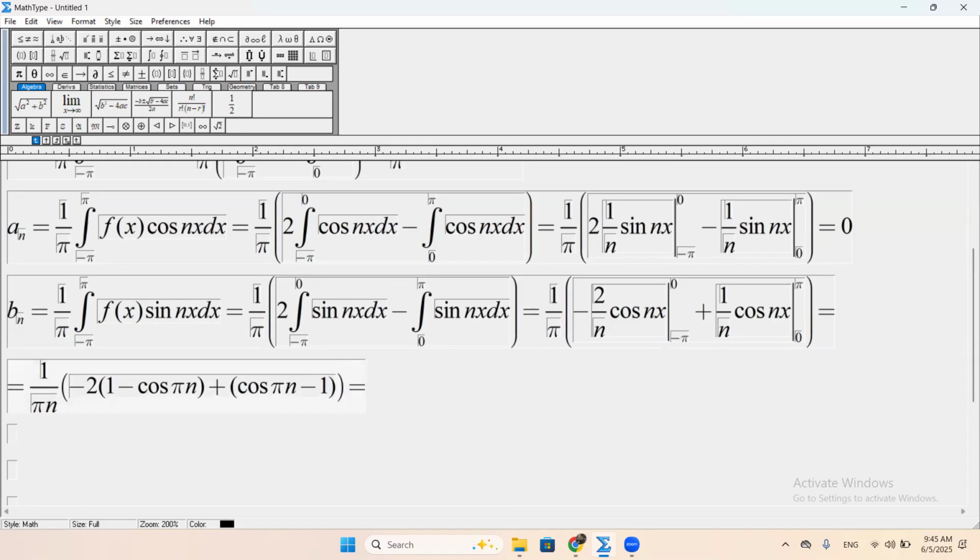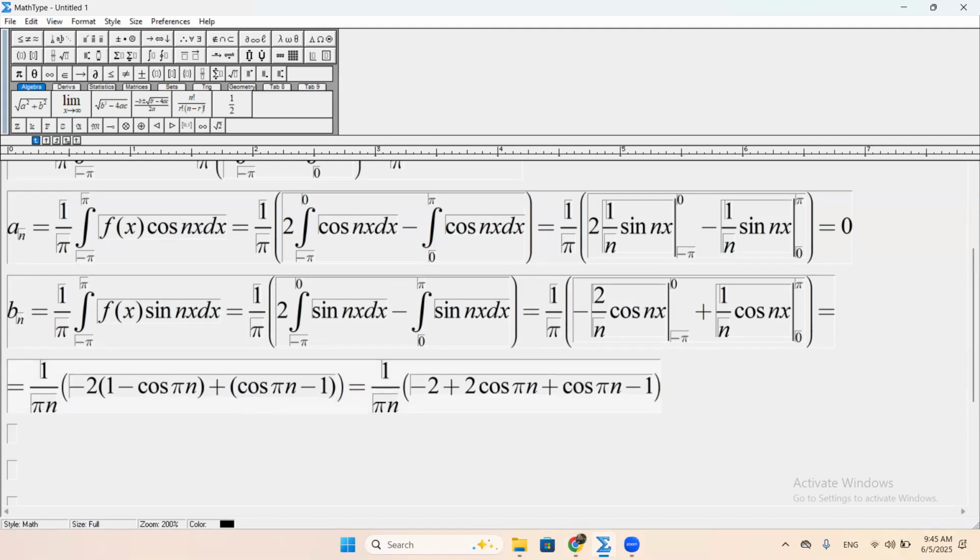Okay, now let's expand inner brackets. So I will have minus 2 plus 2 cosine of pn plus cosine of pn and minus 1.